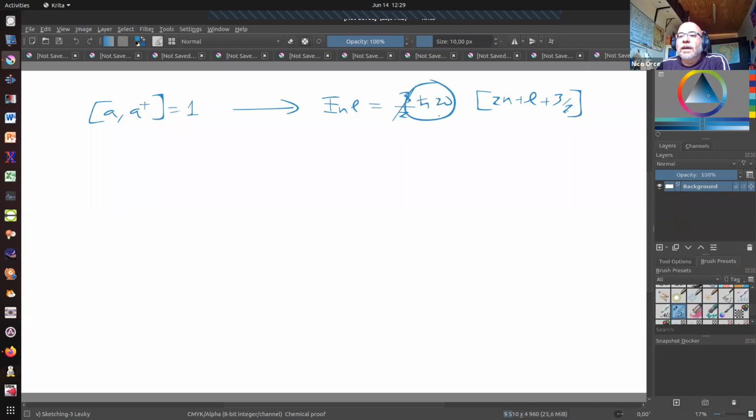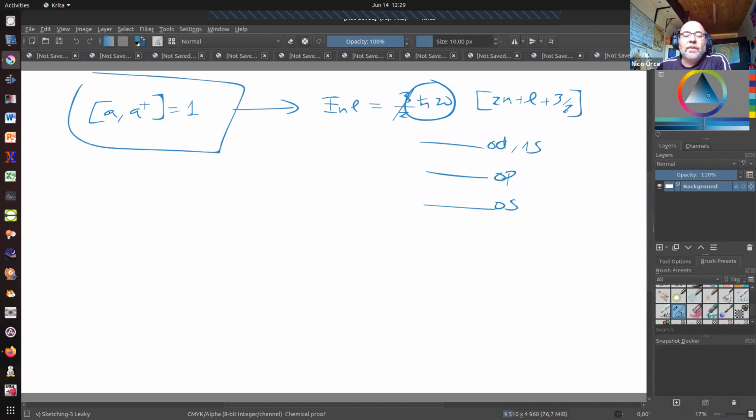So h bar omega, and this is how we got the 0s, the 0p, the 0d, which is the same energy as the 1s, right? So these are the energies of the harmonic oscillator, but this is very relevant. So you know how to do this, right?